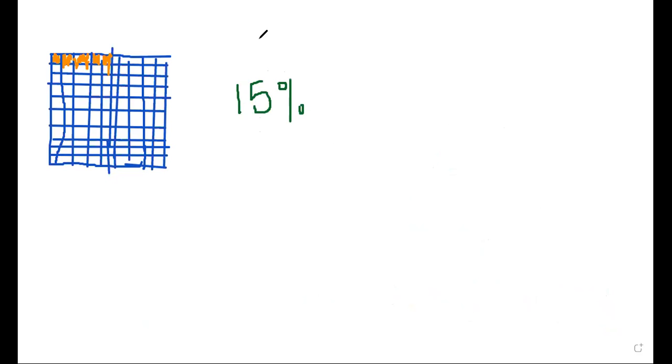We have two methods to change 15% into a decimal. Is there anyone who can tell me the first method?